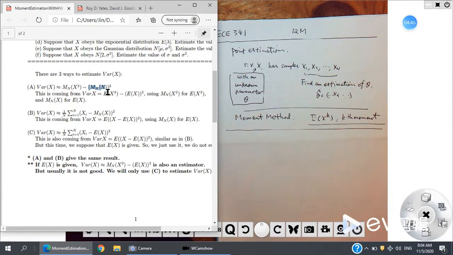Then we have an estimator of the variance of x. So this is one method.